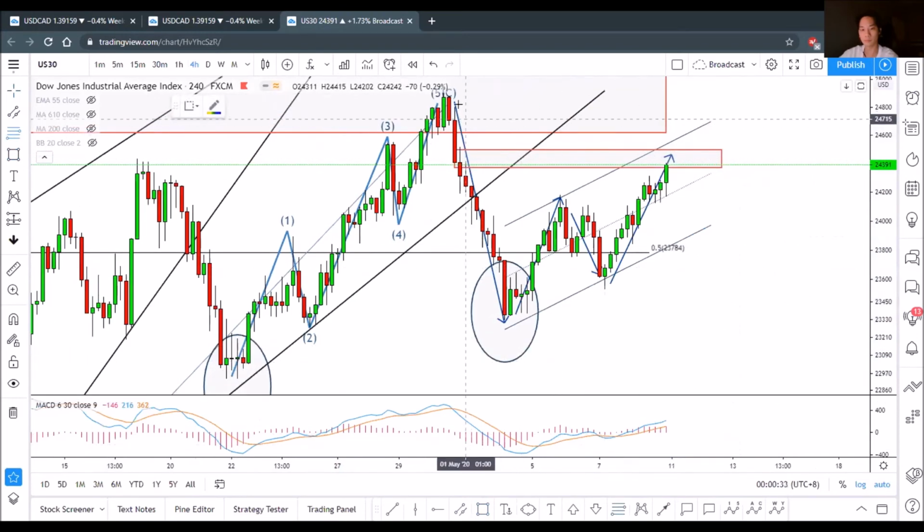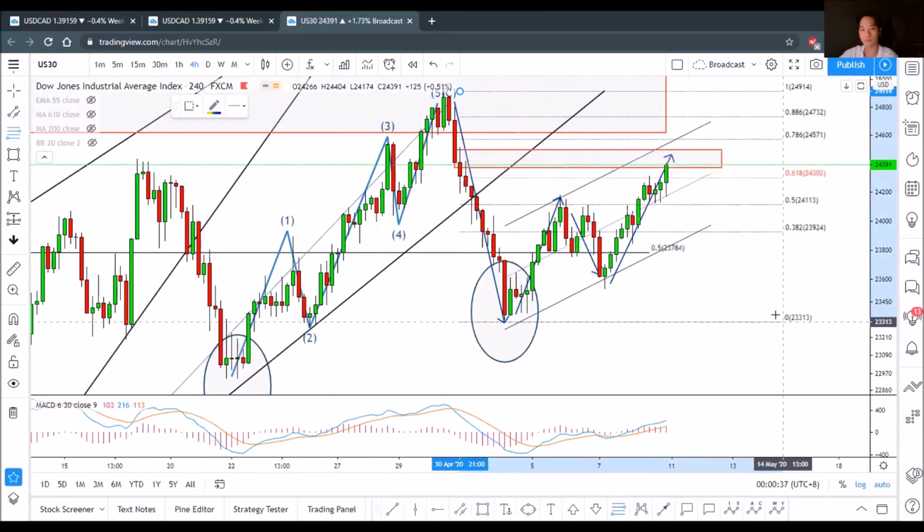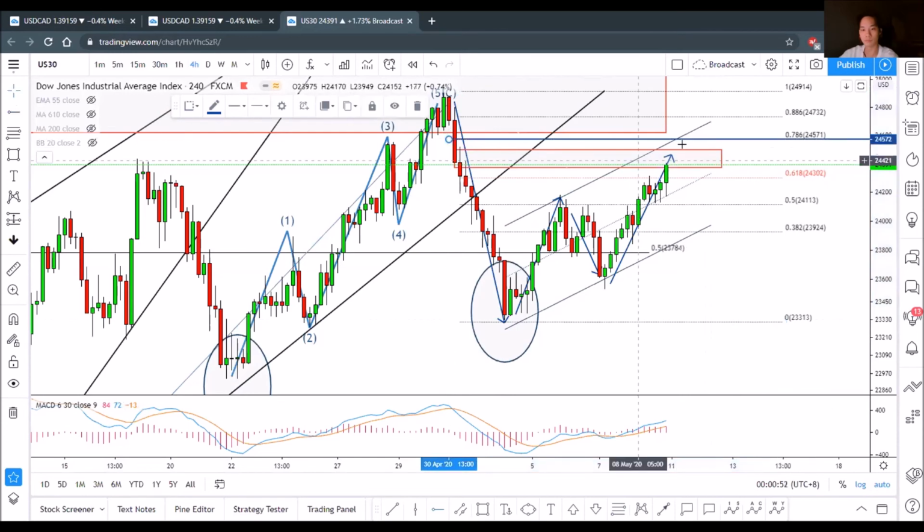In fact, if you were to pull a Fibonacci from a swing high to the current swing low right here, price has already broken above the 61.8% level, which might cause people to want to buy, because after breaking 61.8%, there's a possibility to go up further. But in my experience, it will still test the 78.6% level.